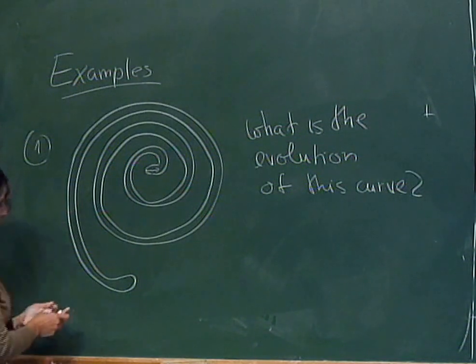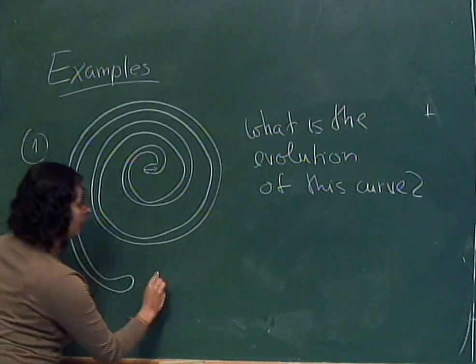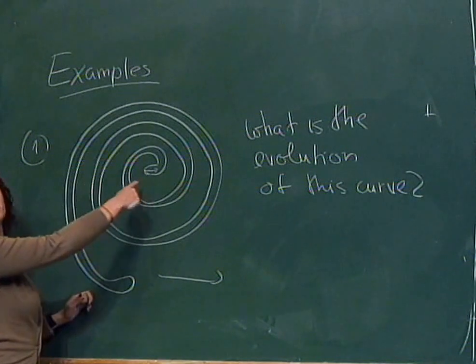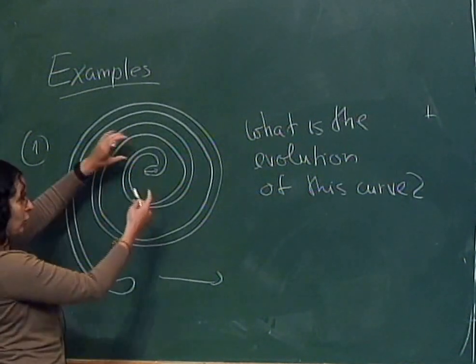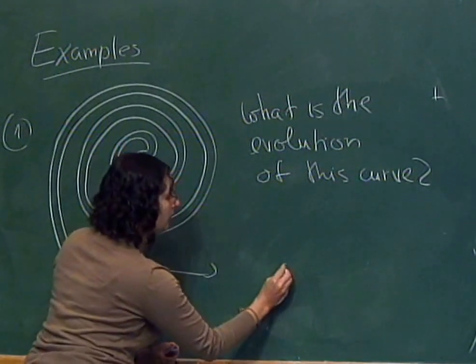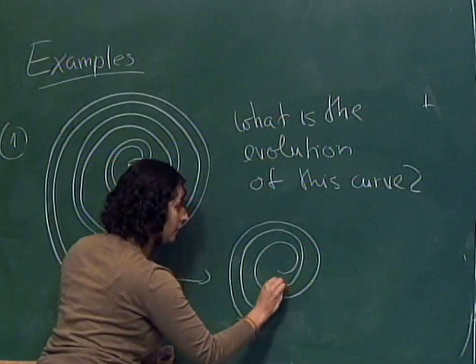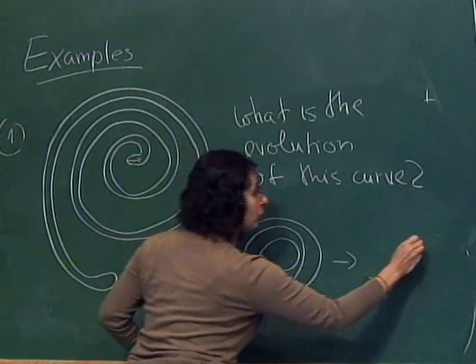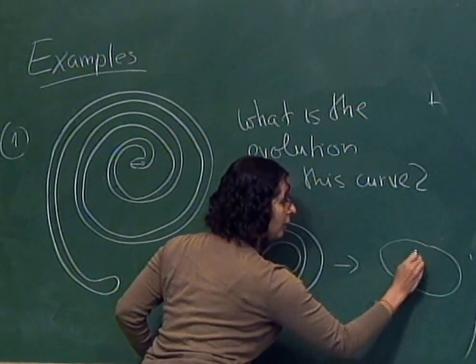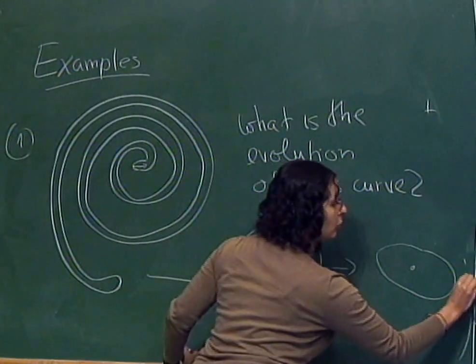So what this curve is going to do is that it's going to unwind faster than it's going to collapse this way. So in some time, it's going to be still windy, but less. And then eventually it's going to become actually convex, and it's going to converge to a point.